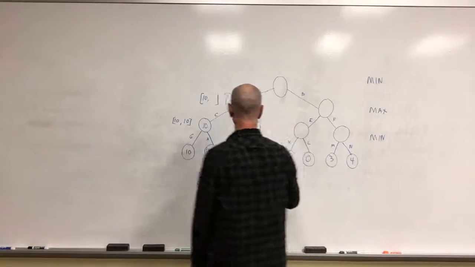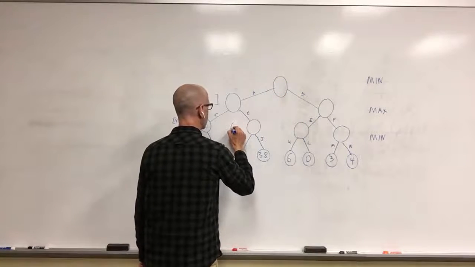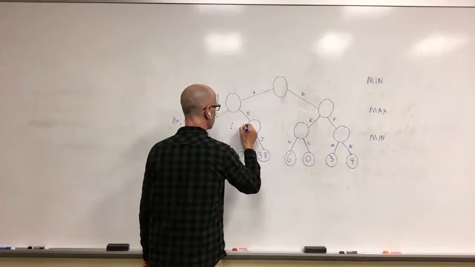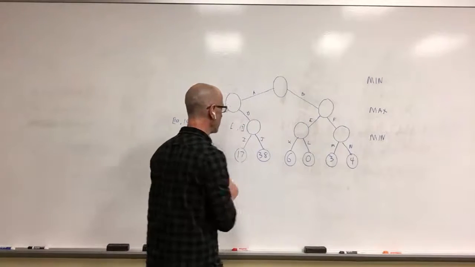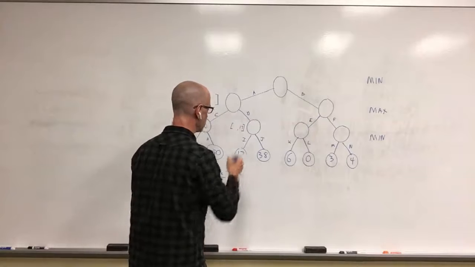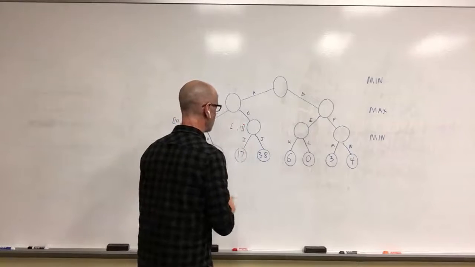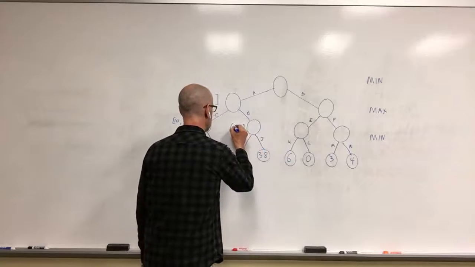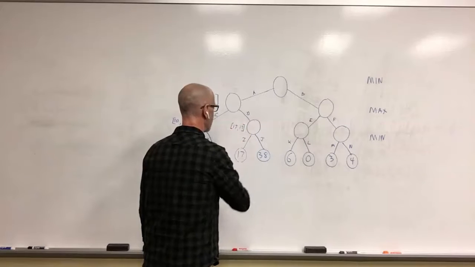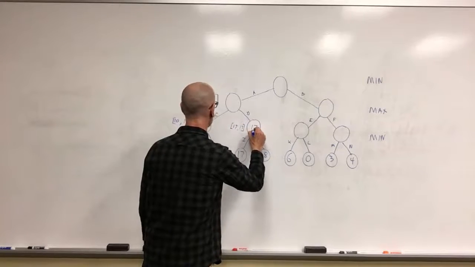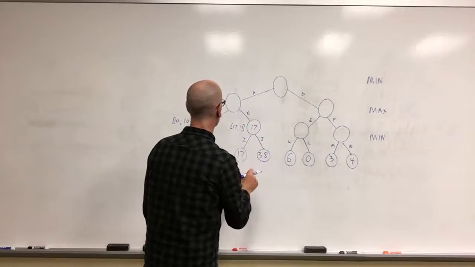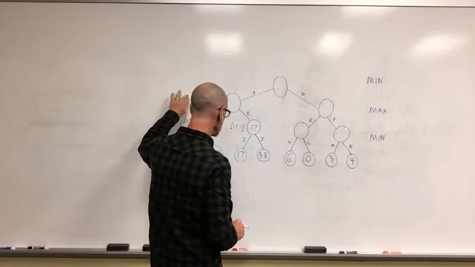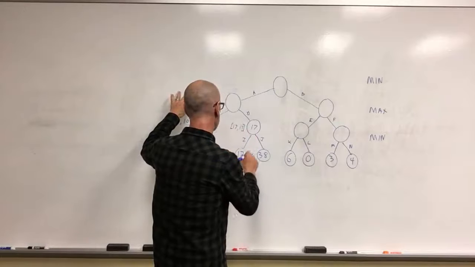At this point, min knows the biggest number it's ever going to get back, its beta value, is 17. It hasn't figured out what its minimum is, but right now the maximum it'll ever get back is 17. So then we find a 38. So it sets its minimum value to 17. This becomes 17 at this point. So we know here max has a choice between 10 and 17.